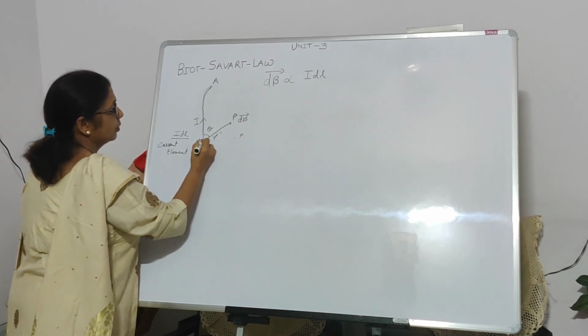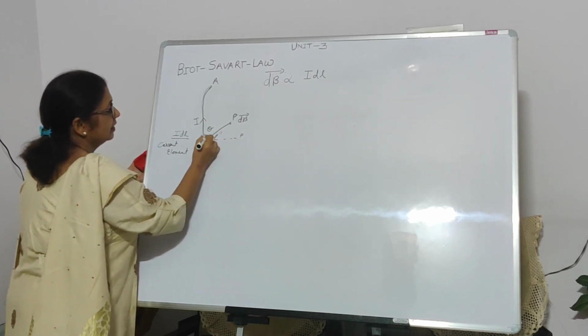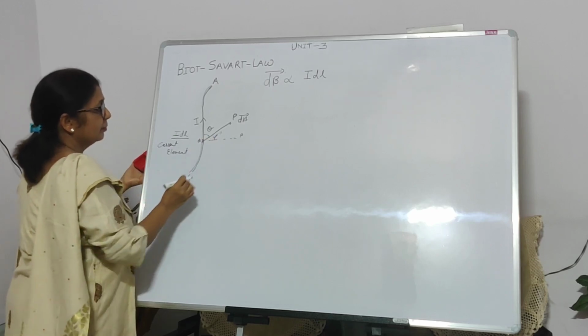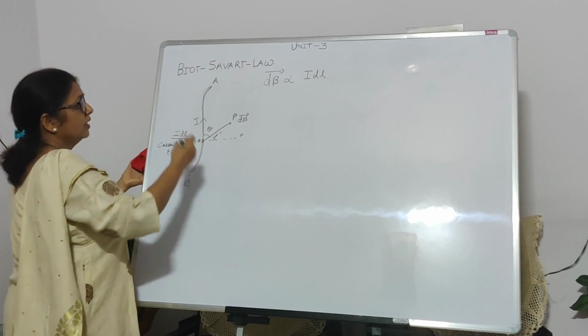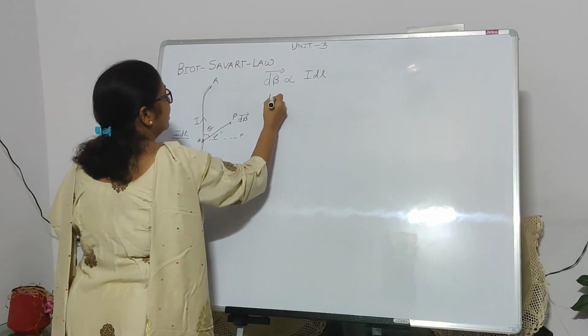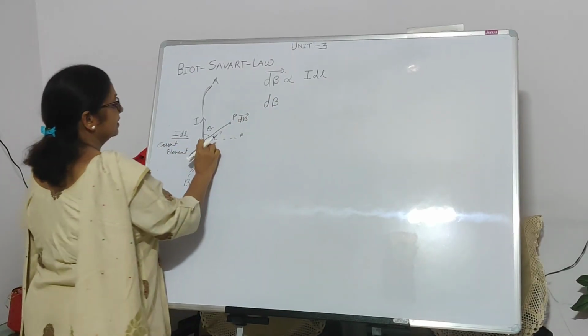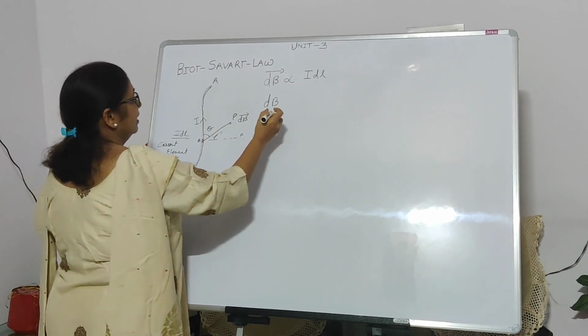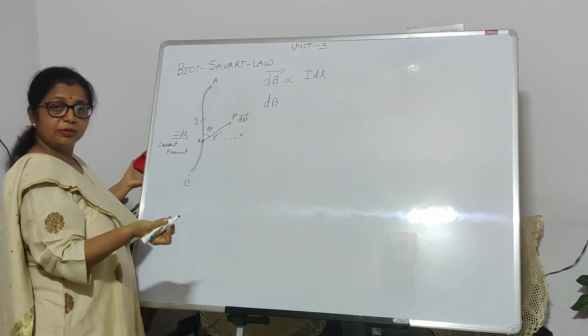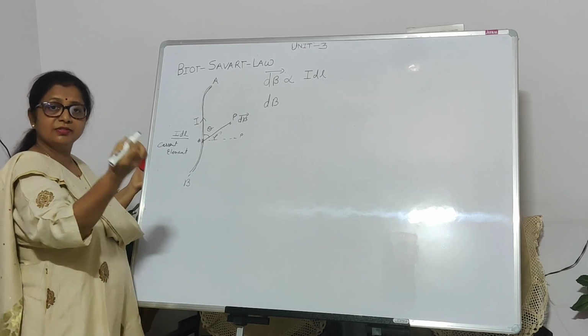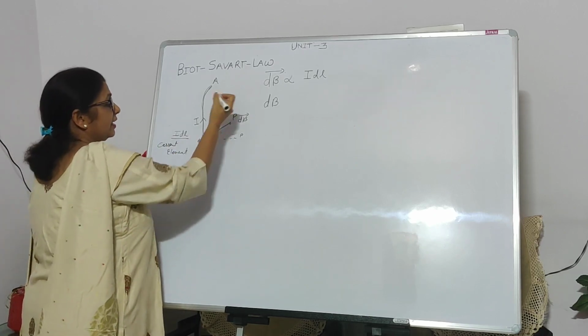If we take this point P here, then theta will be about 90 degrees. He observed that if theta is greater, then dB is also greater. That means the magnetic field increases as we increase the angle theta.